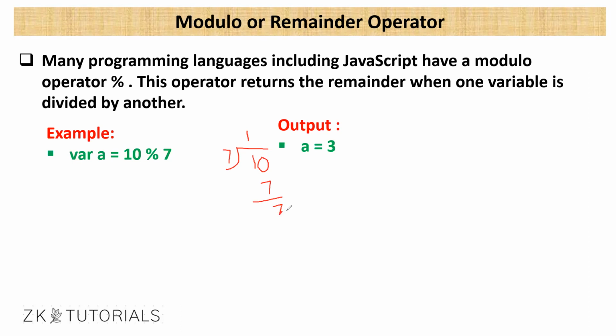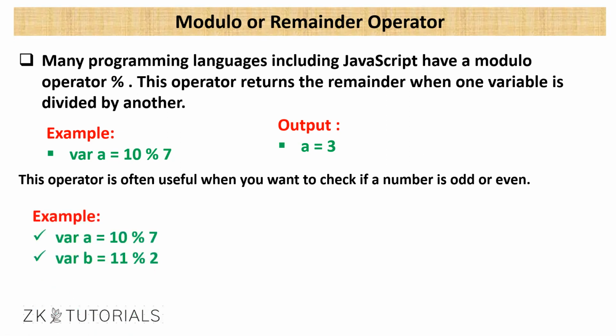So basically, the modulo operator returns the remainder of the two values of the variables. I hope this much is clear to you guys. Let's move forward, I'll show you live.